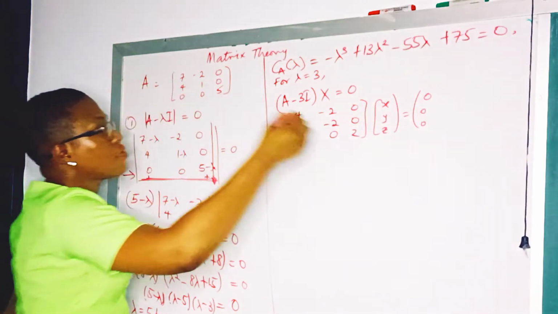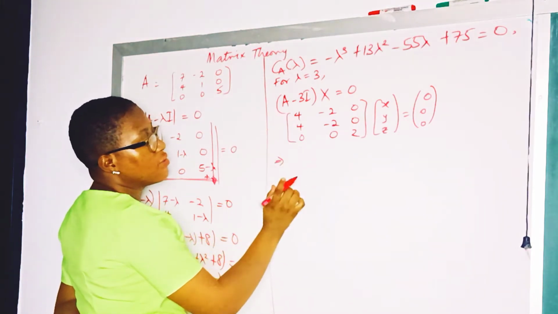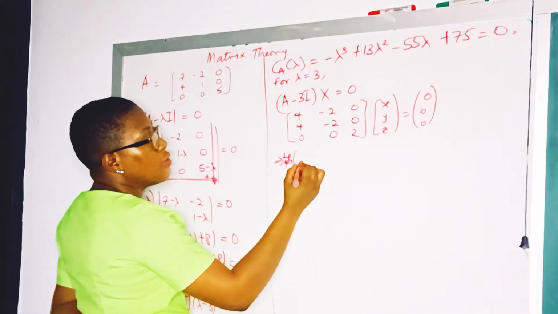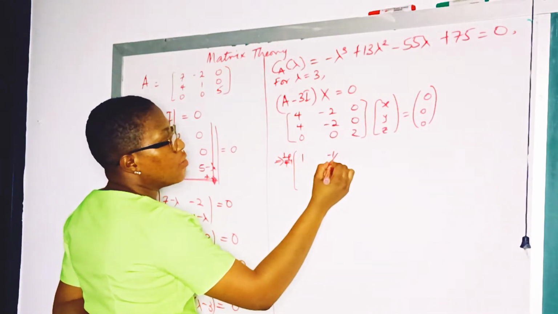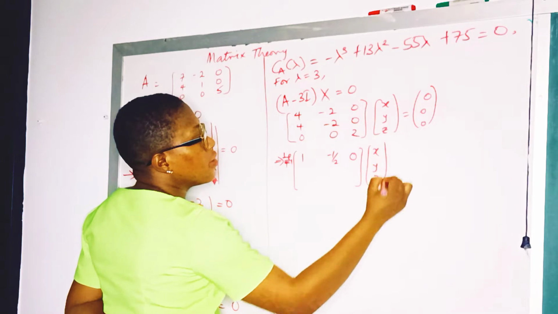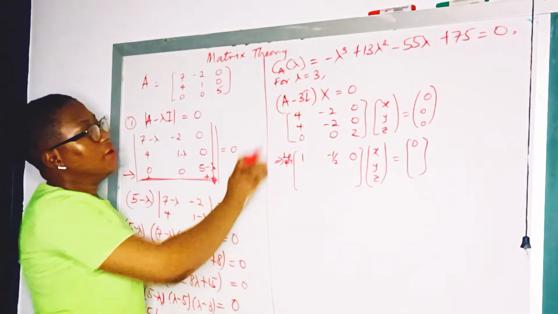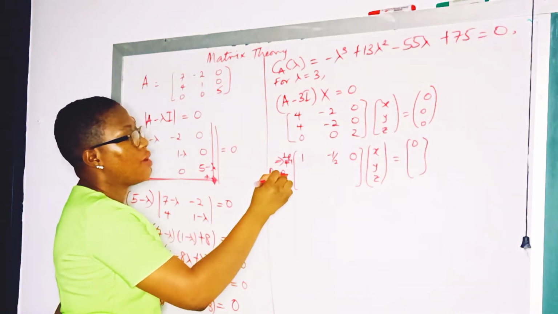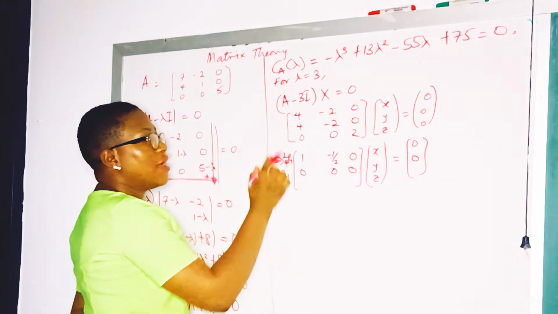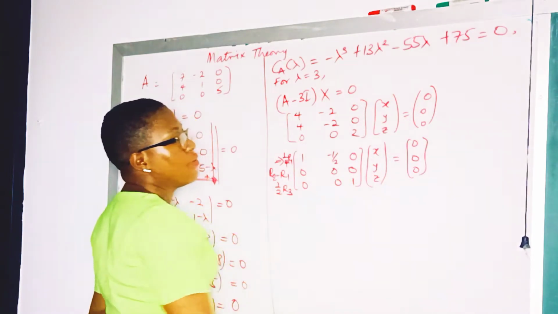One over 4 times row 1 gives me 1, minus 1 over 2, 0. Row 2 minus row 1 gives 0, 0, 0. Then for the last one, one over 2 times row 3 gives 0, 0, 1.